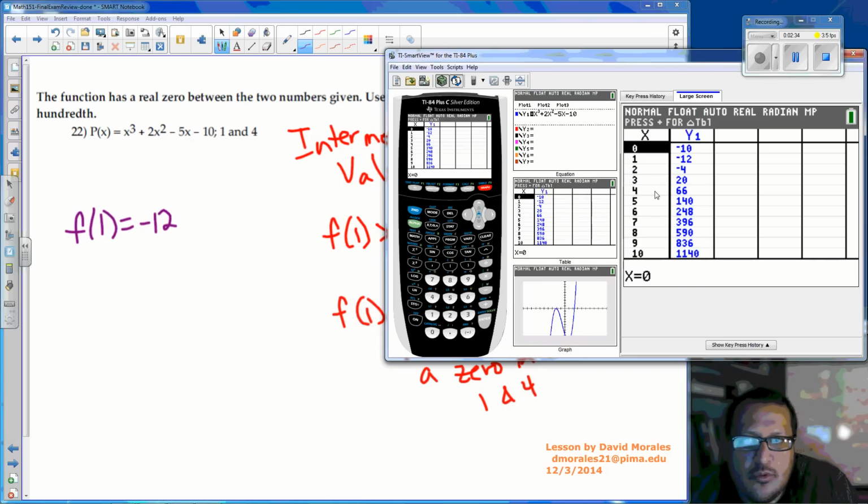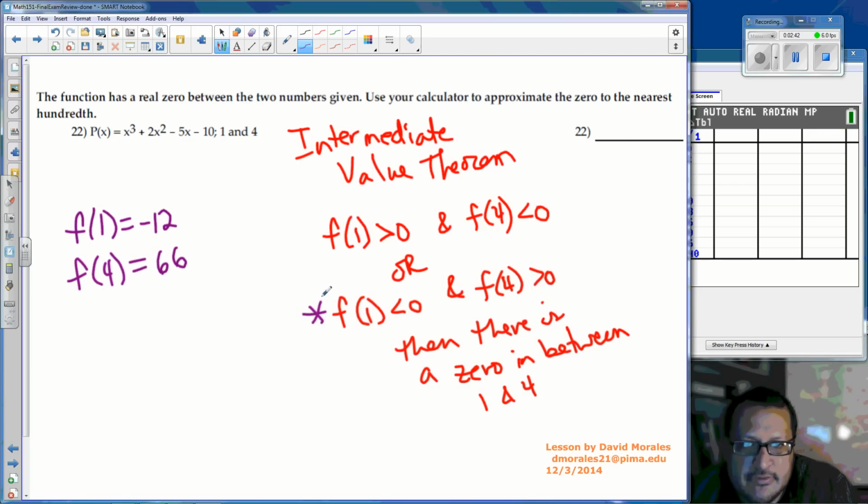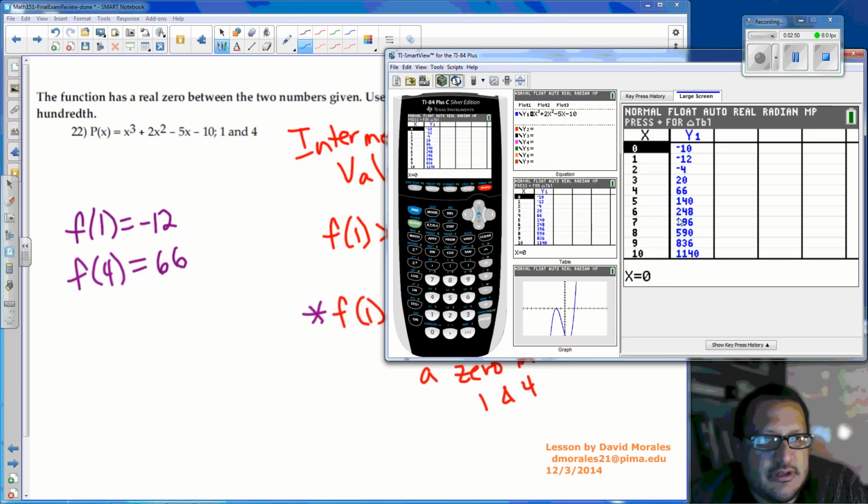F of 4 is 66. That is this case right here. So I know there has to be a 0. You can't go from negative to positive without crossing 0 in between. So the answer is not an integer because it would be here.